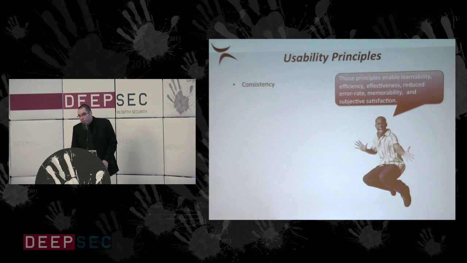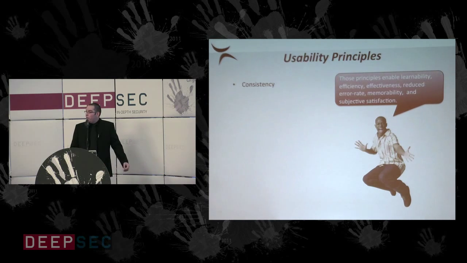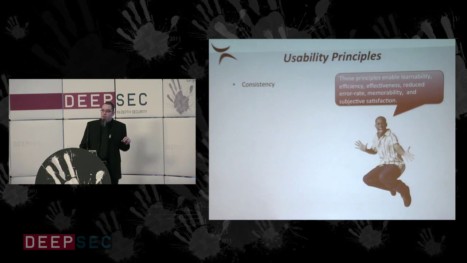One example of consistency: if you drive a Mercedes, for example, and you change to a Porsche, you still will be able to operate it because the user interface elements are consistent even if the design is very distinct. When it comes to the IT security domain, one positive example for this consistency is, as far as I have seen, that the lock for secure connections is consistently used over different applications.